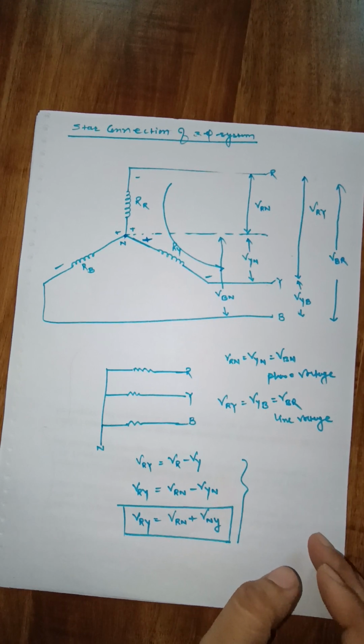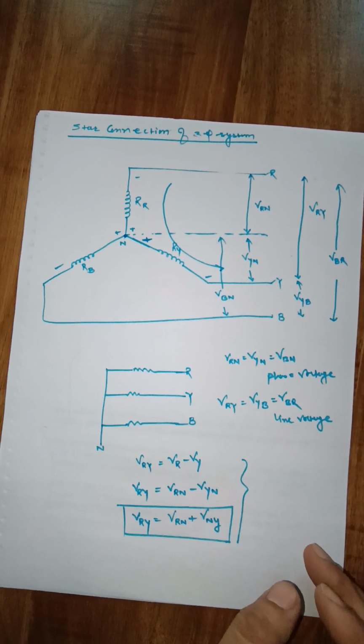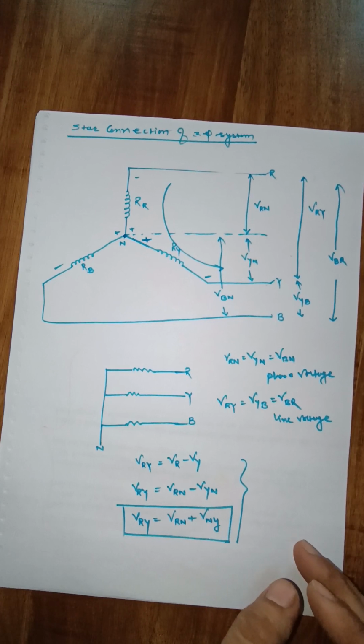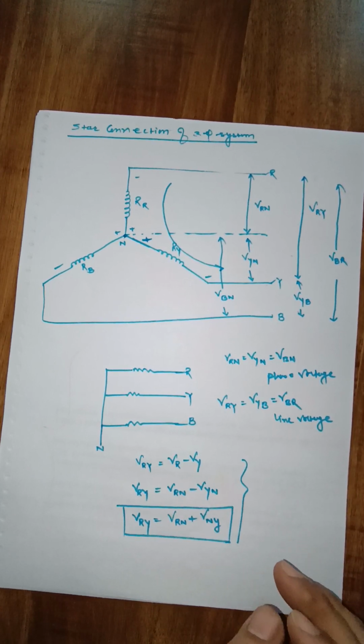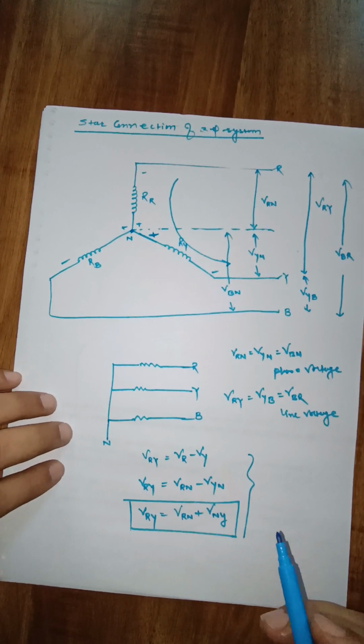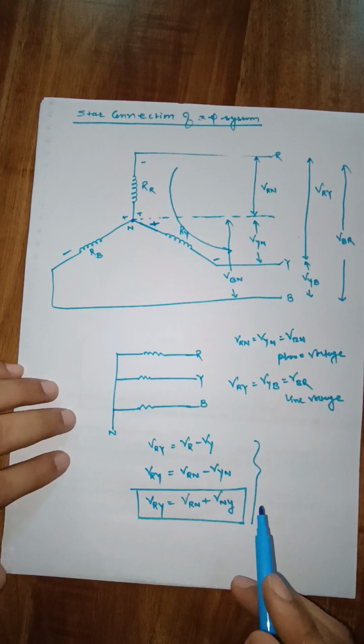Now let us draw a phasor diagram for this circuit, and then we will find the relation between the line current and phase current, similarly line voltage and phase voltage.